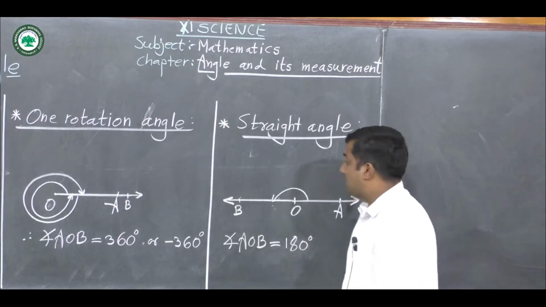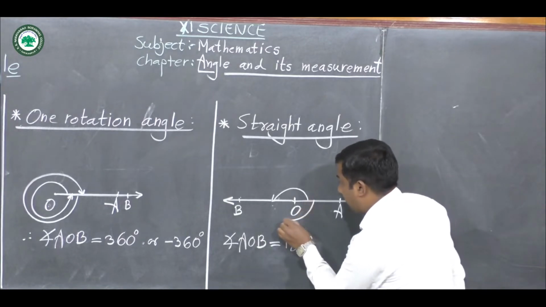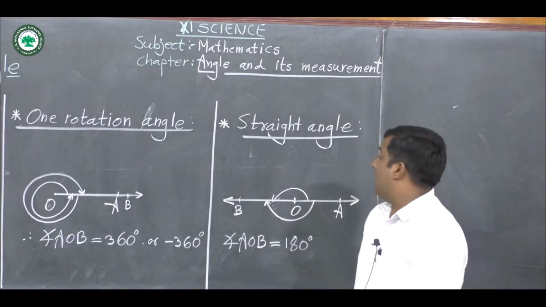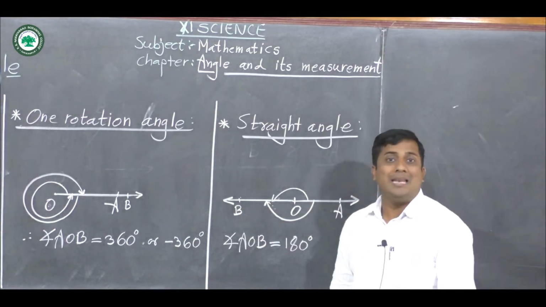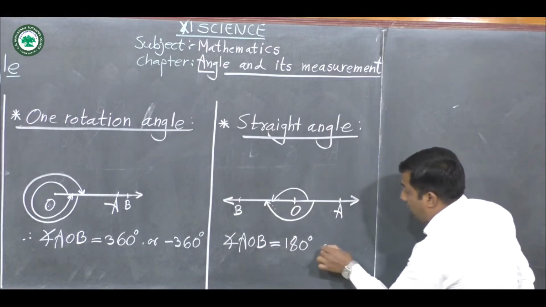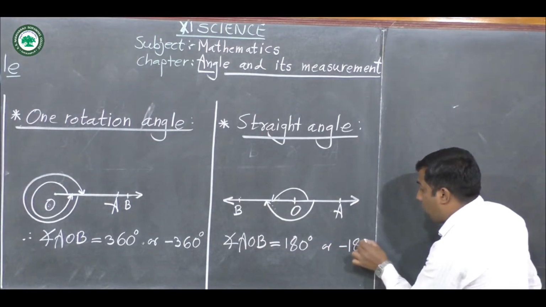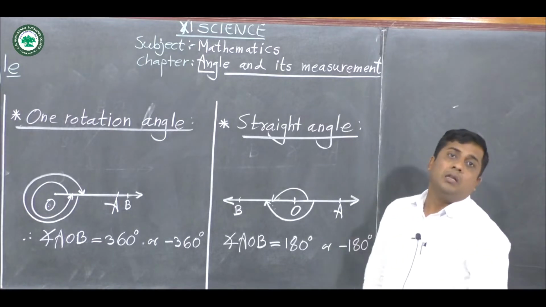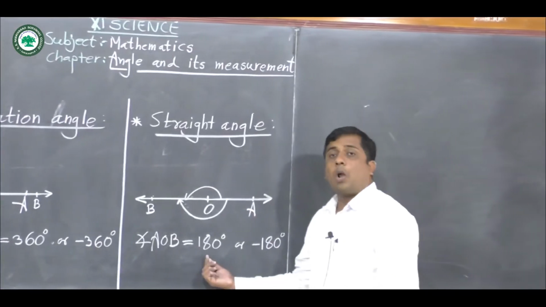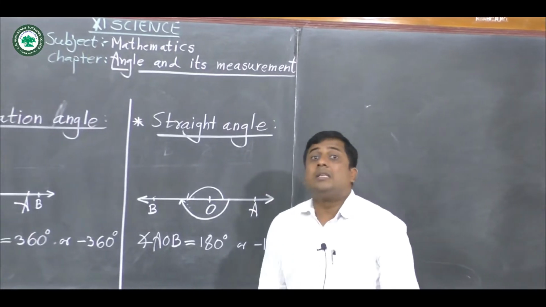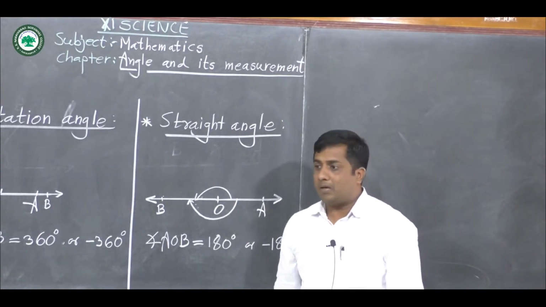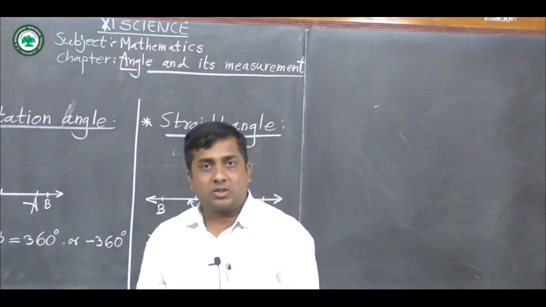If rotation is clockwise like this, then the measure of angle is always negative, so the measure of angle is minus 180 degree. So for the straight angle, we consider the measure 180 degree or minus 180 degree. So remember this definition also.